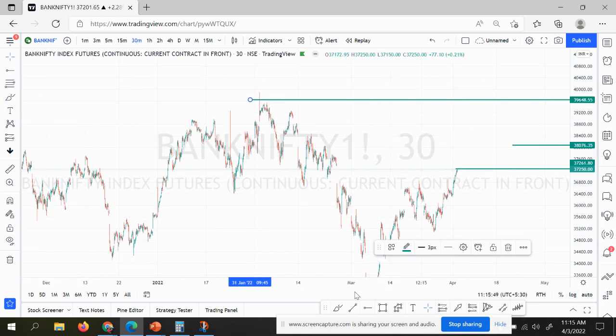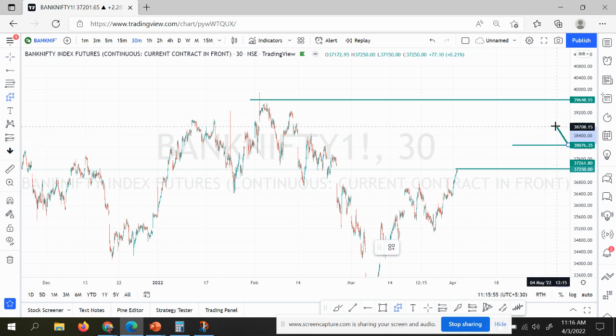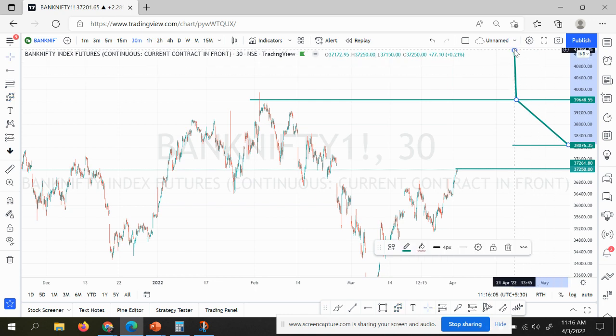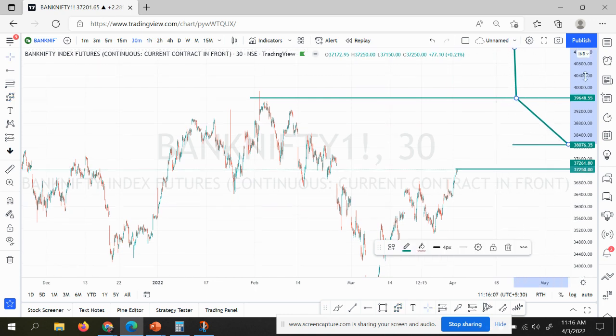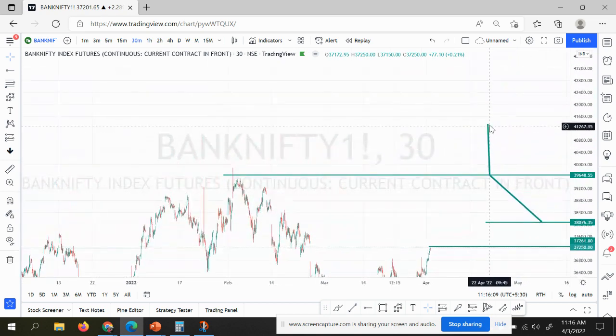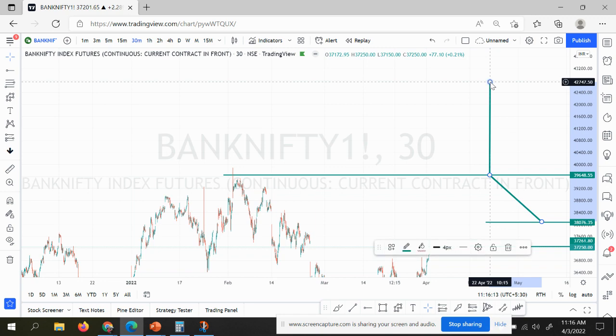So let's say this is your buy position. This is how the payoff looks. This is your buy position, and this is your sell position, and this is your payoff. So friends, this is how the payoff looks in Sensibull.